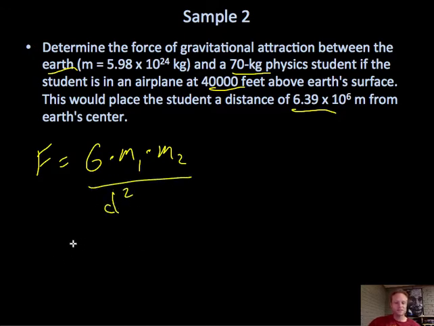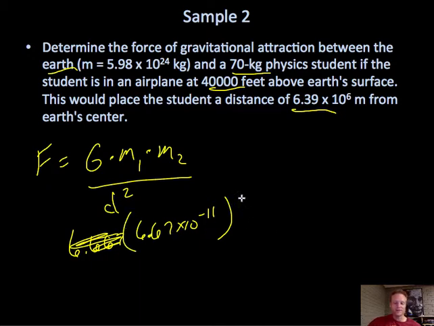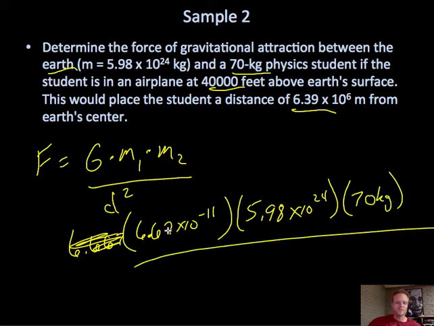If I plug in some numbers here, big G is 6.67 times 10 to the negative 11th, and again, I'm going to leave the units out, hopefully you're okay with that, times the mass of the Earth, 5.98 times 10 to the 24th kilograms, times the mass of the physics student, 70 kilograms, all over the distance, which now, in a plane, we're a little bit further from the Earth's center, so it's 6.39 times 10 to the 6th.